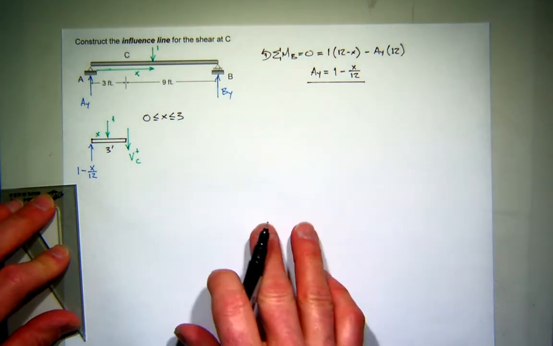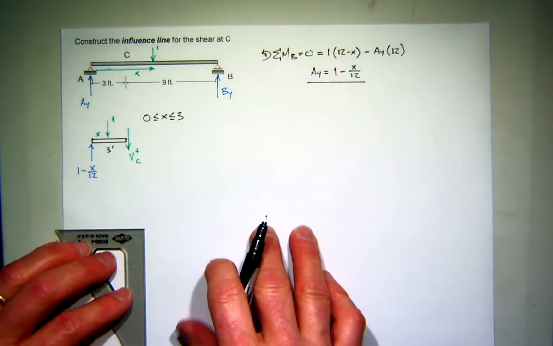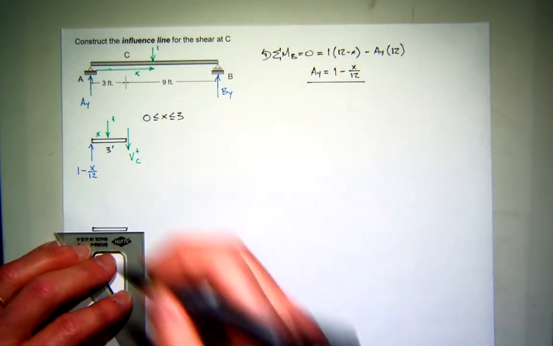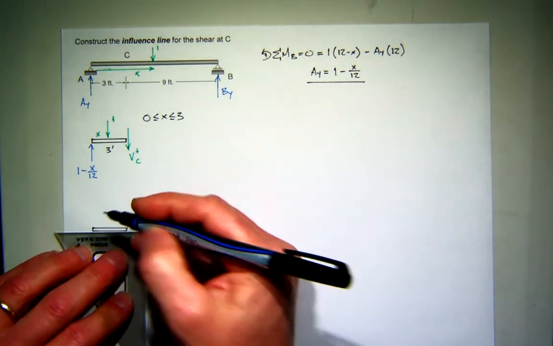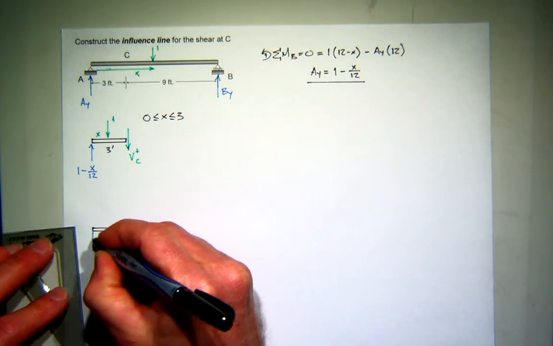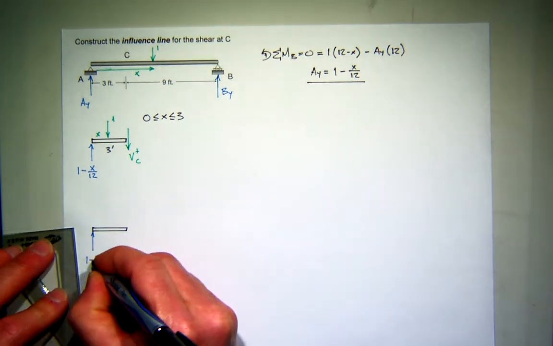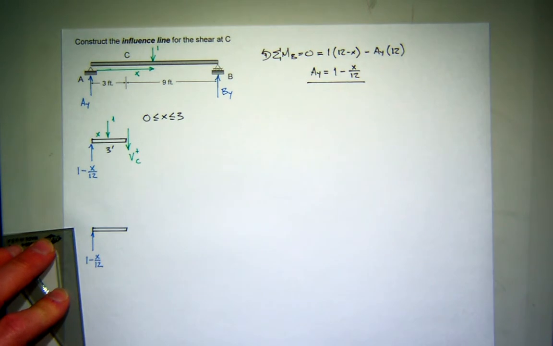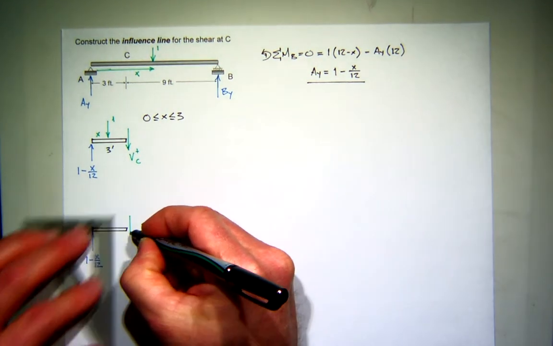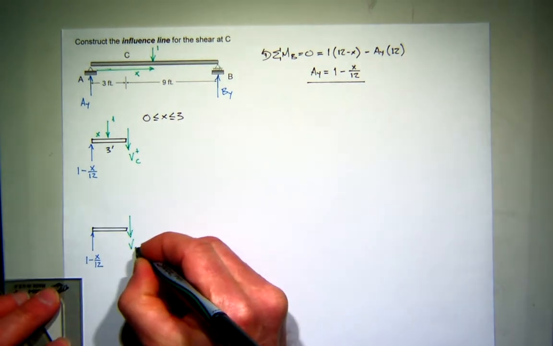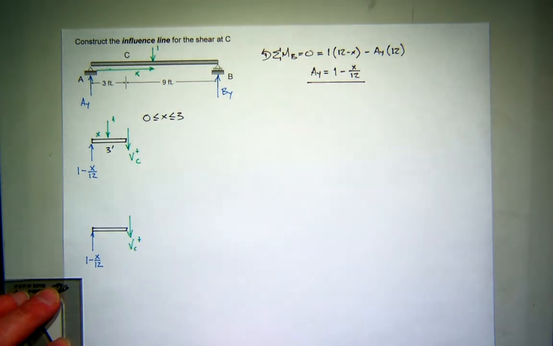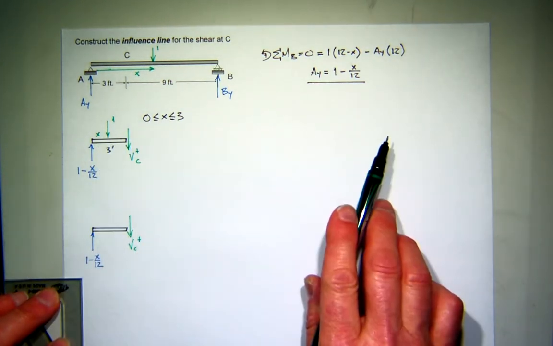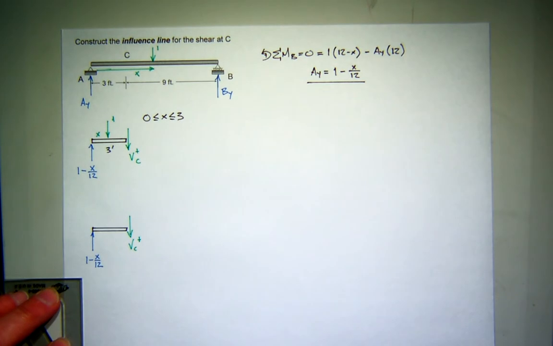Okay, before we solve the problem, I'll go ahead and redraw the same free body diagram with the same reaction, 1 minus x over 12. I'll assume the same behavior for the shear at C, except what's happened? My unit load has moved past 3 and is no longer on the structure.